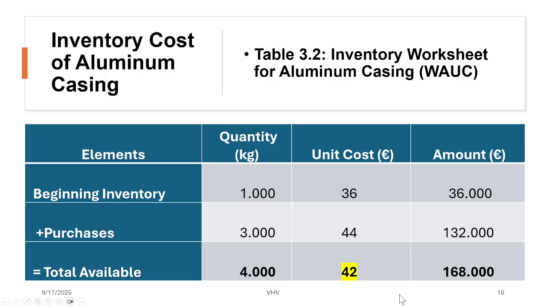This gives us a total available inventory of 4,000 kilograms with a total value of 168,000. So the weighted average unit cost for aluminum casing is 168,000 divided by 4,000 kilograms, which equals 42 euro per kilogram. This is the cost we will use for aluminum consumed in production.